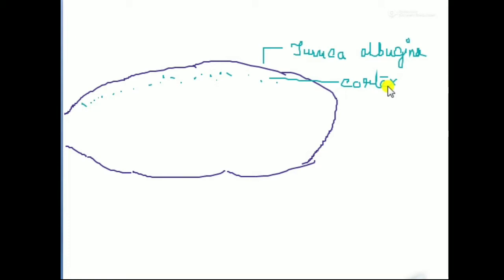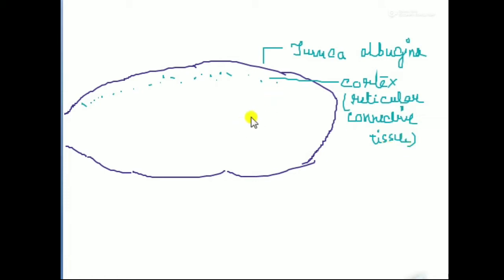The outermost layer is the cortex and it is made up of reticular connective tissue. Okay. And the inner mass, or the inner area, is known as medulla.